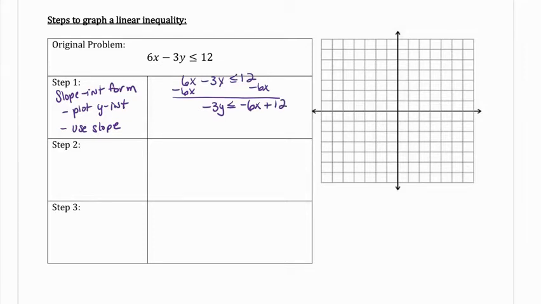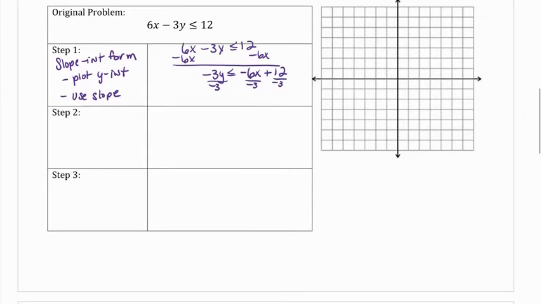Then, last step to get y by itself, I've got to divide everything by negative 3. That would give me a y, and then negative 6 divided by negative 3 is a positive 2x. 12 divided by negative 3 is a negative 4.